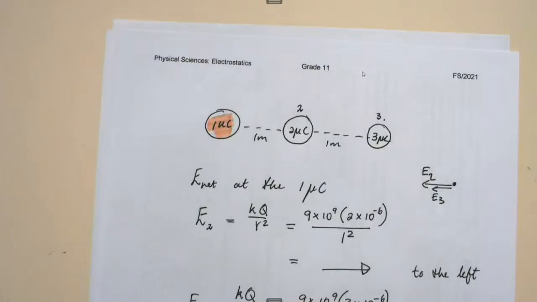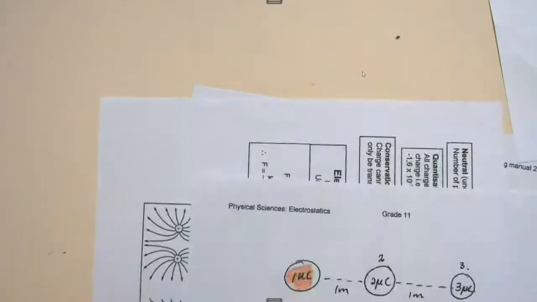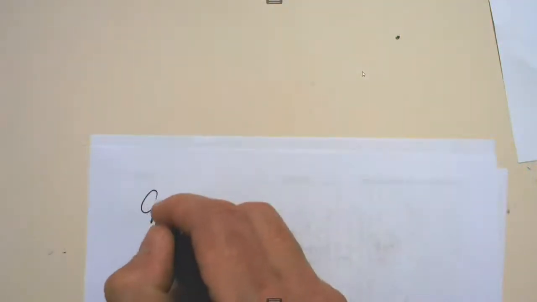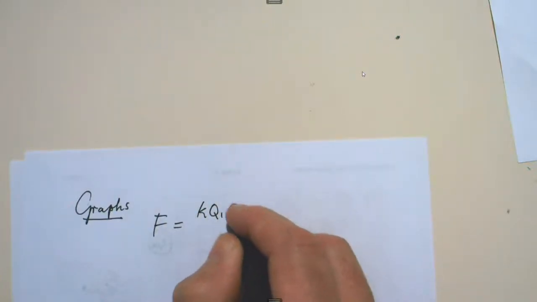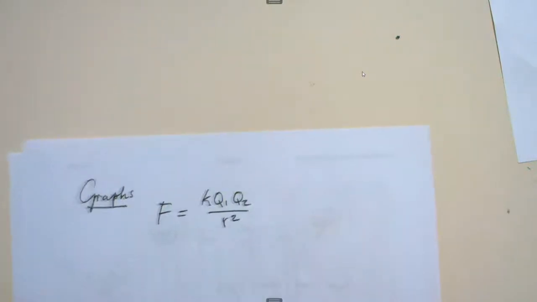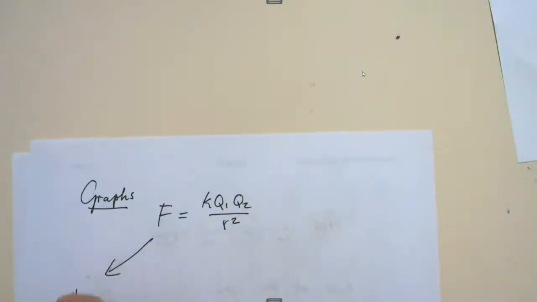We've gone through everything. The last thing that I can look at, to just have a final summary of this work, would be to have a quick glance at graphs. Which graphs are applicable here? Now we have this formula, F equals kQ1Q2 over r squared. From this, I know that F is directly proportional to the product of these two.